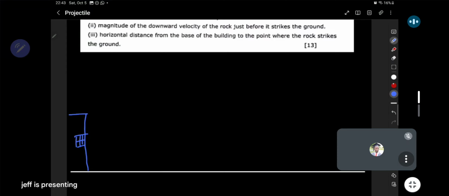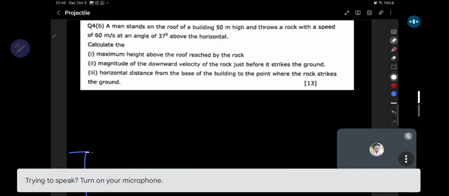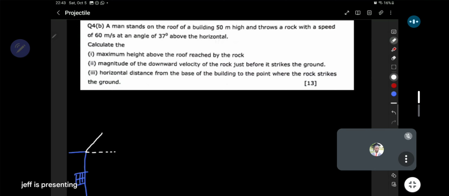So this man throws that rock at an angle of 37 degrees above the horizontal. So if the horizontal is something like this, 37 degrees above the horizontal, let's say this object is thrown with a velocity like this, the velocity 60 meters per second, at an angle to the horizontal of 37 degrees.